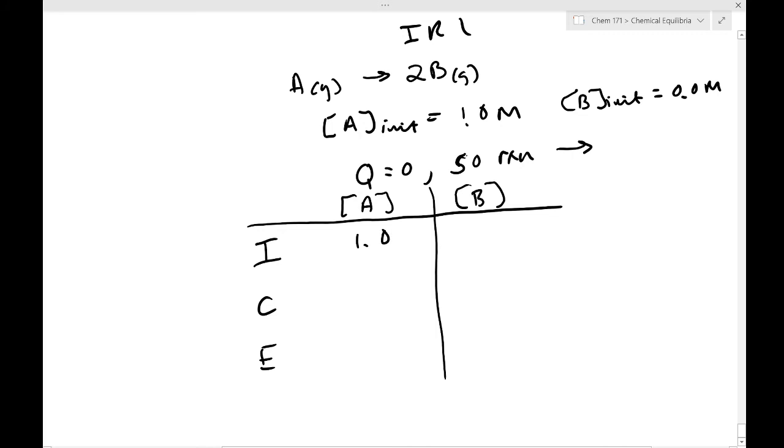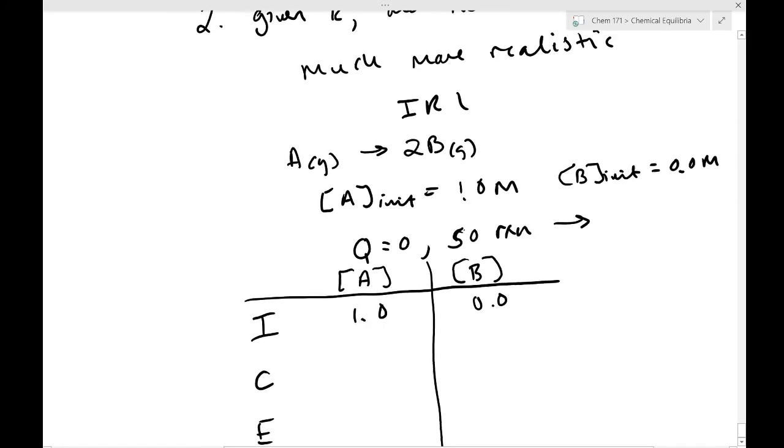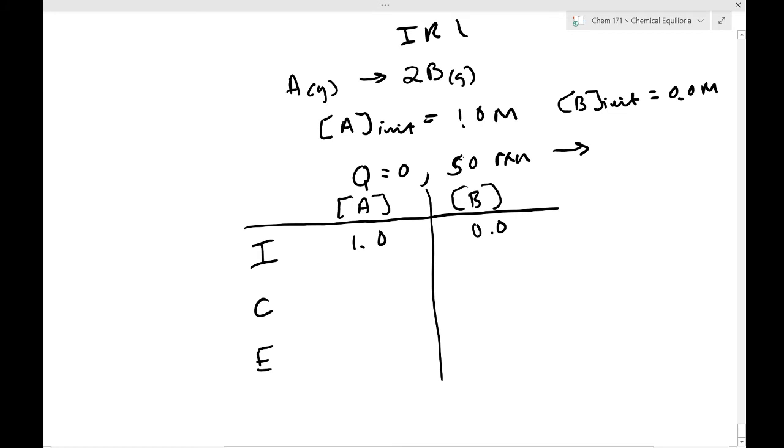Initial concentration of B is 0.0. Now here comes the tricky part. I don't know any equilibrium concentrations, so I have no idea how much A or B are going to change in the change step.